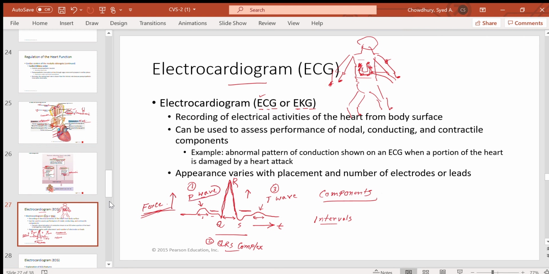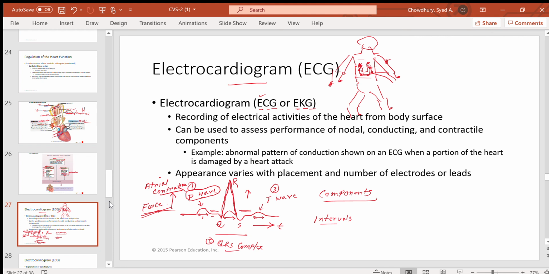Now, P wave. Why is this wave produced? P wave is produced by the contraction of the atrium, atrial depolarization, or atrial contraction. Depolarization causes contraction, right? We know that. QRS, here two things happen. After atrial contraction, atrial relaxation occurs here, but at the same time, the ventricle contracts.